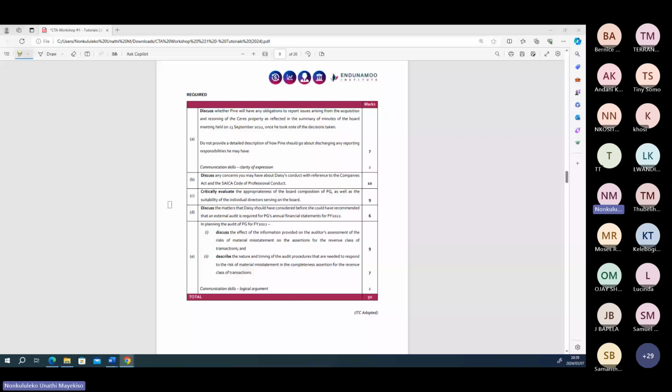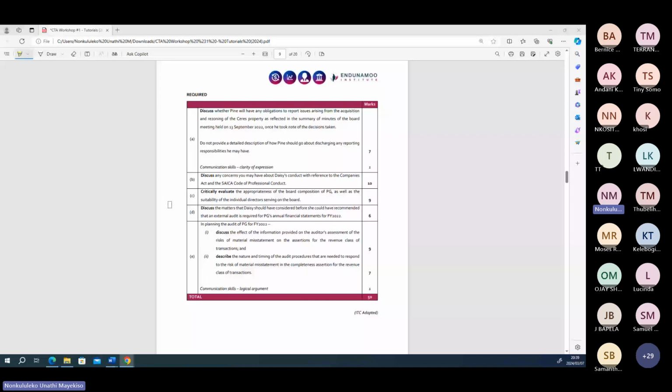So is everybody happy that we had seven marks there, more or less? I actually think we had more than that. Remember, we discussed that Pine's responsibility was not eliminated just because he was not at the meeting, because they shared the minutes with him. We also spoke about the fact that there's a bribe there, and so there are PRECCA consequences.